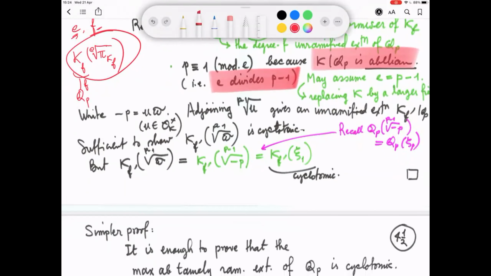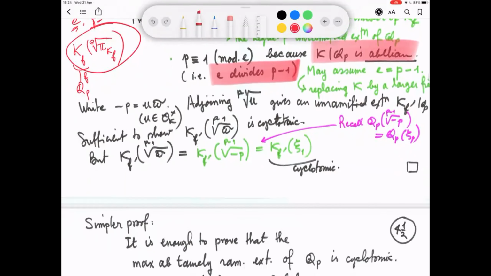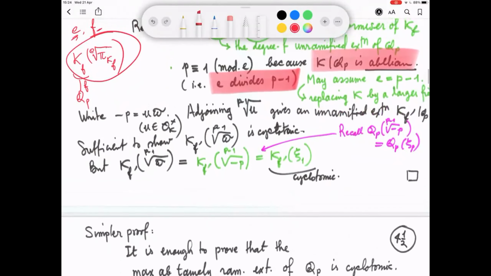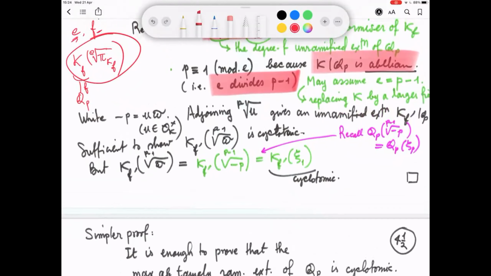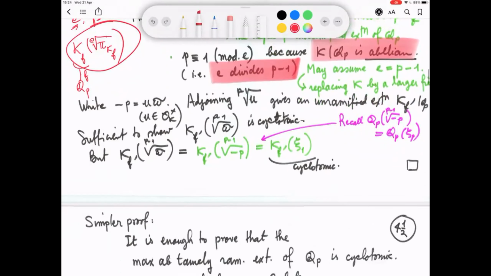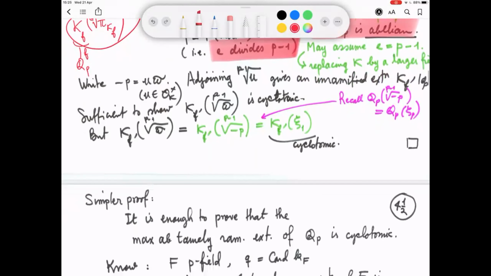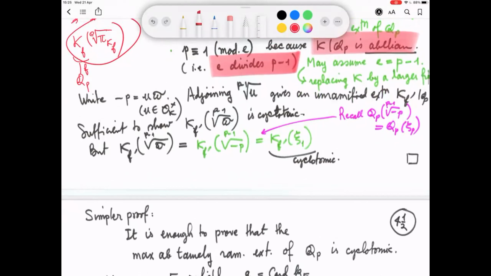Let's just look at what is written here.